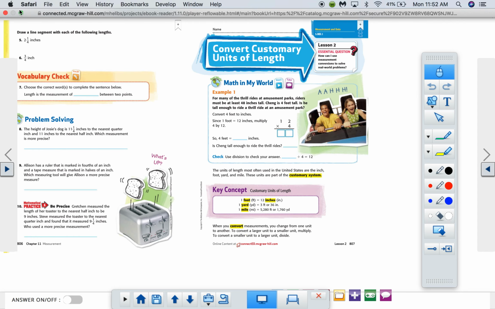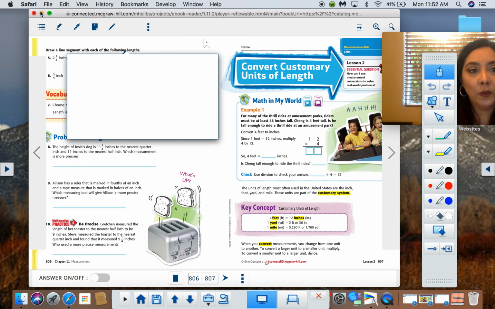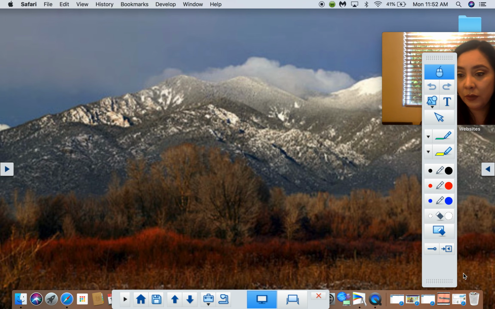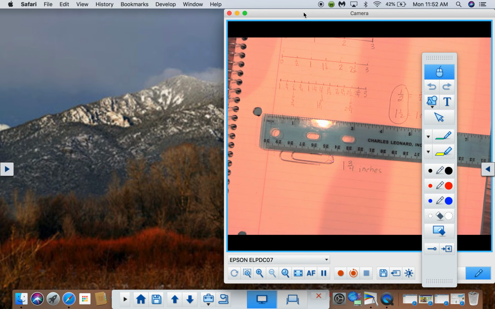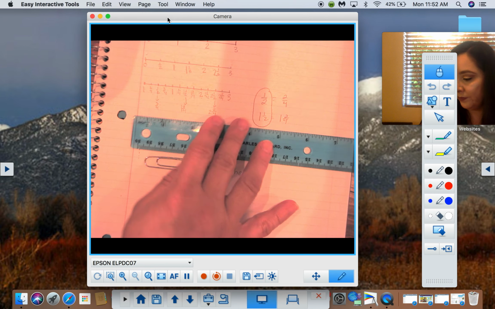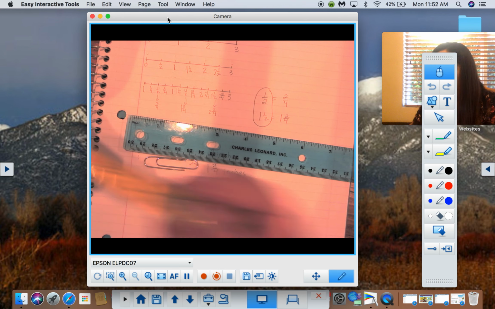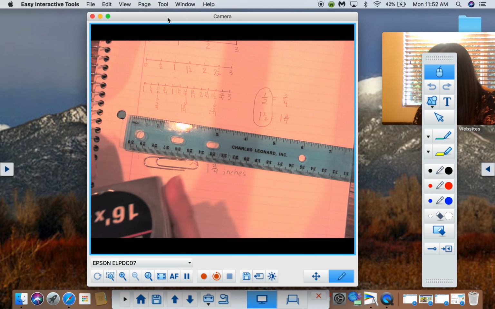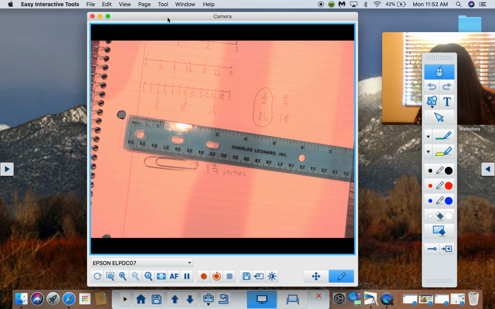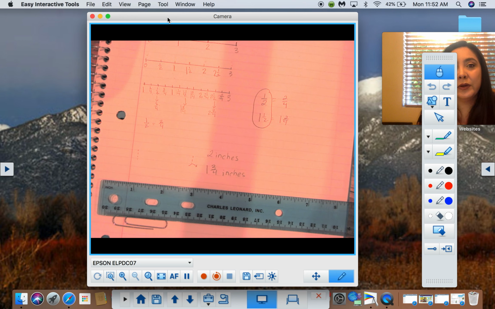Okay? So, if you need to at home, you can use a ruler, like I said earlier, a tape measure, and some paper and pencil to help you out.